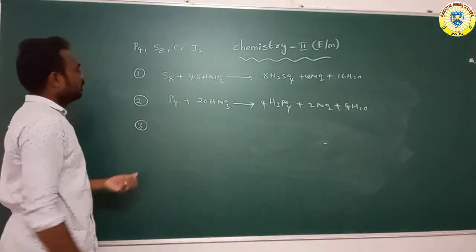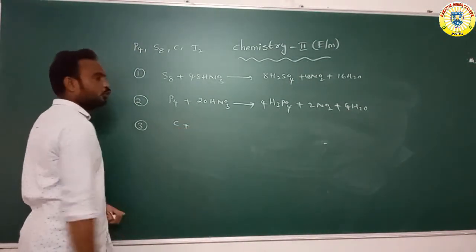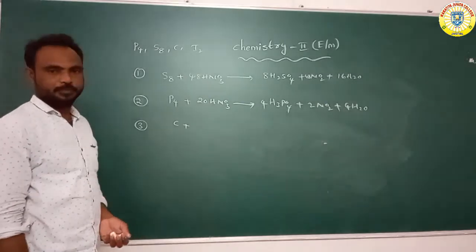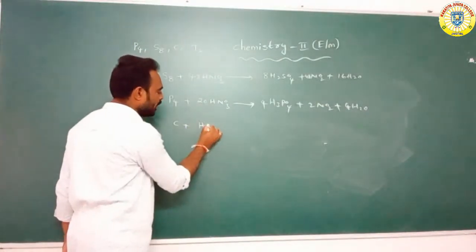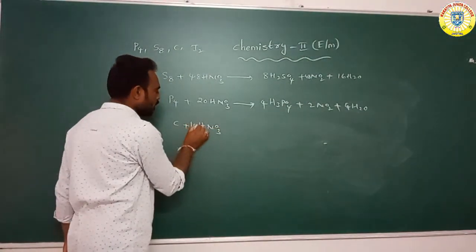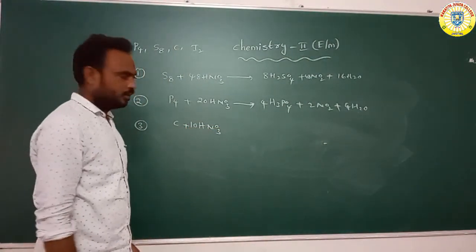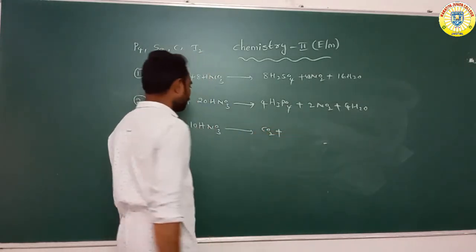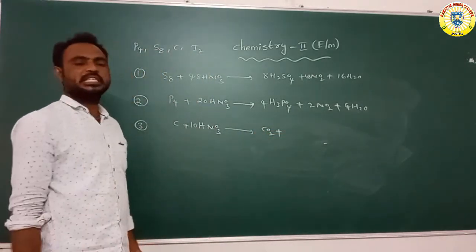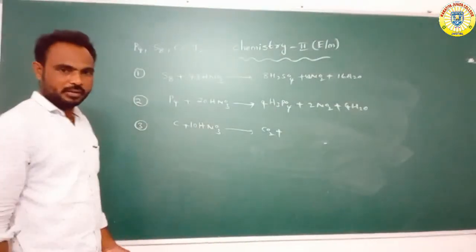Next third one: HNO3 reacts with carbon. Carbon reacts with HNO3, nitric acid, to form in this reaction first CO2, carbon dioxide.